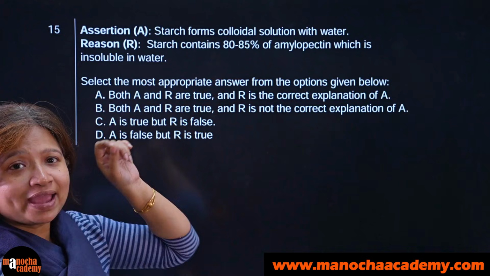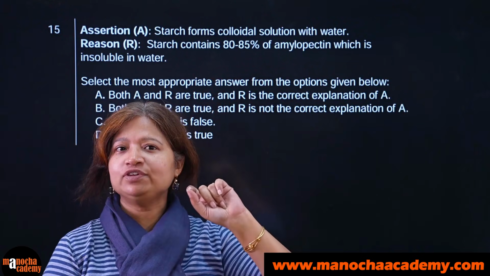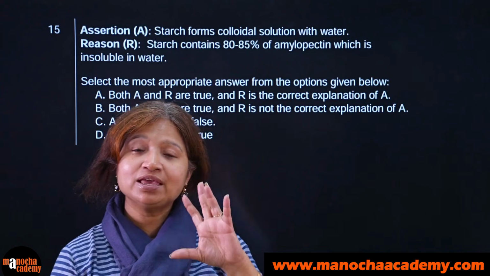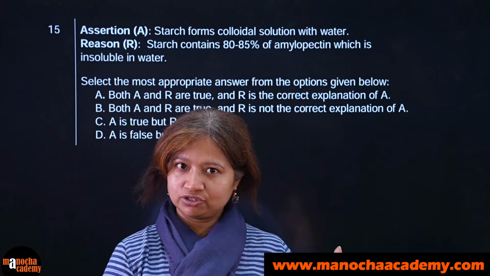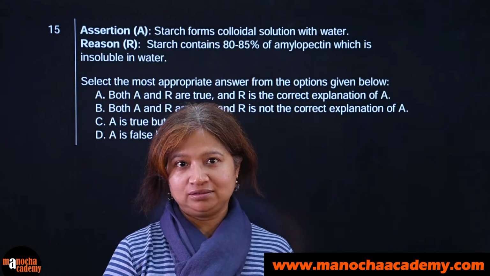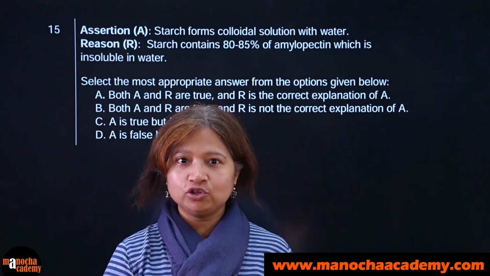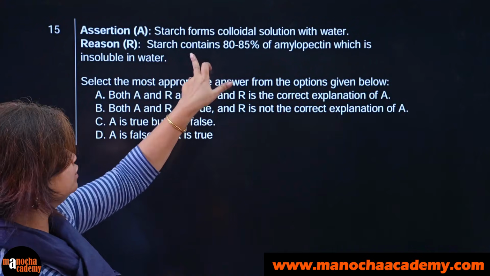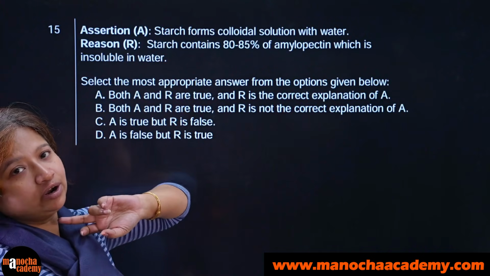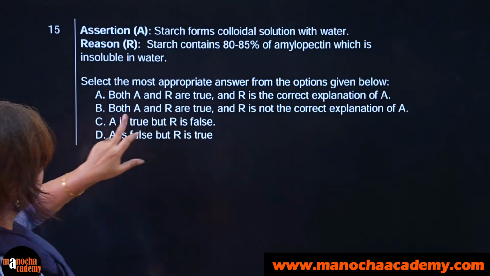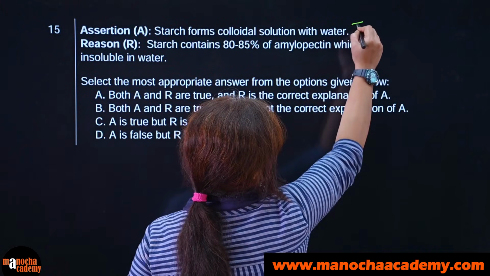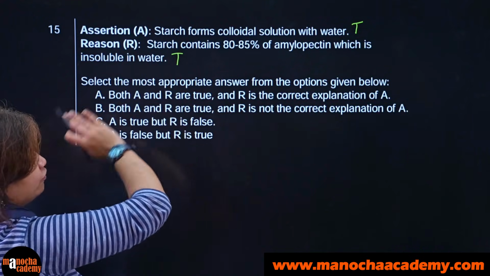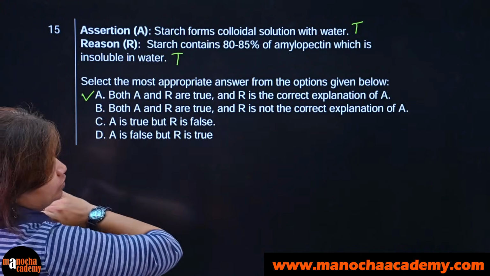Starch has components, amylose and amylopectin, of which amylopectin is the major component, because amylose is soluble and amylopectin is insoluble, and that is the major one which is insoluble in water. So that's the reason why starch forms a colloidal solution with water. So here both the statements are true, and the reason is also explaining A. So here option A should be the correct answer.